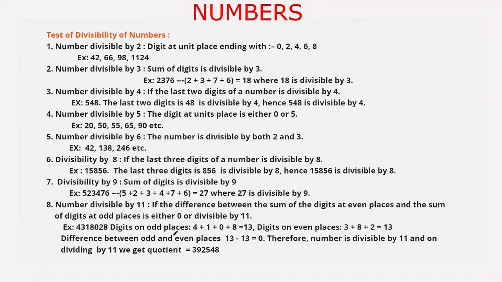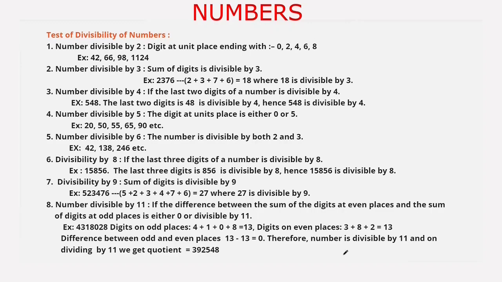The digits at odd places: 4 plus 1 is 5, plus 0 is 5, plus 8 is 13. And the digits at even places: 3 plus 8 is 11, plus 2 is 13. So both the sums are 13, and 13 minus 13 is 0. Therefore, the number is divisible by 11.